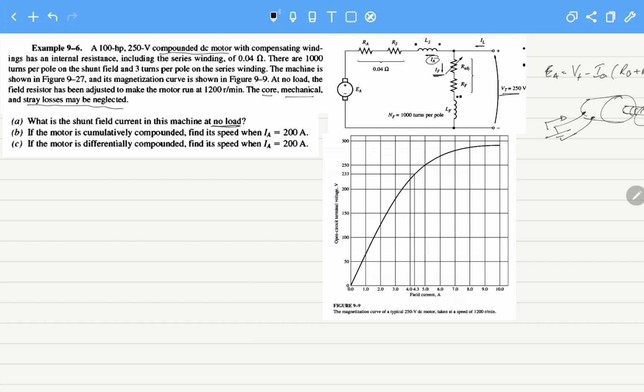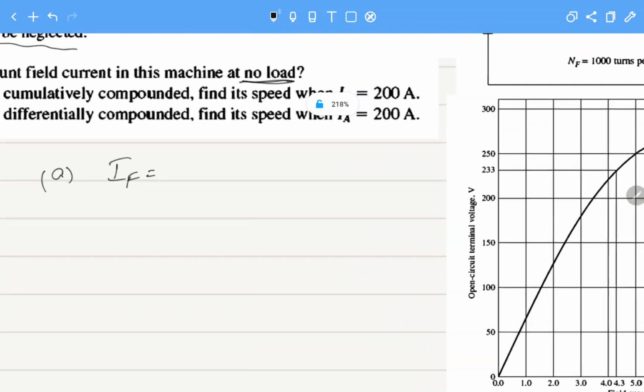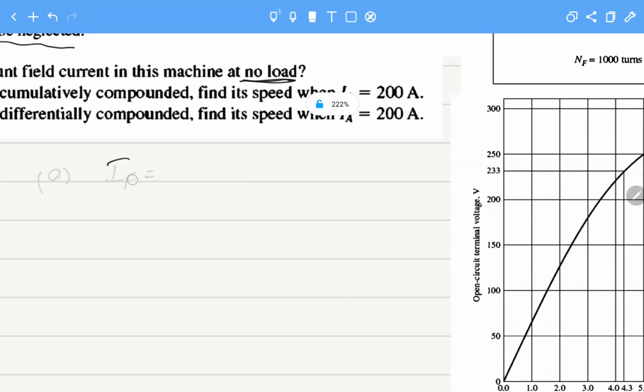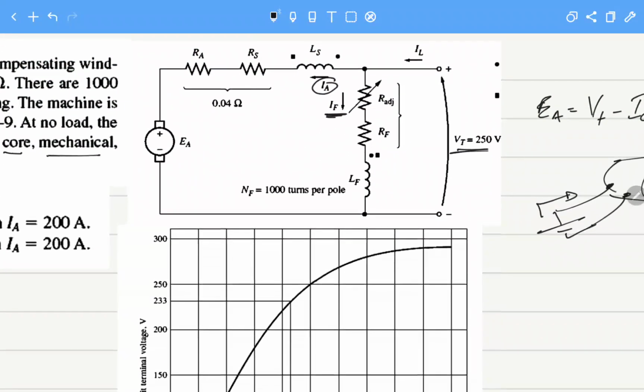We can see that Vt is equal to 250 volts. If we have to calculate If, it is Vt over RF. And what is RF?